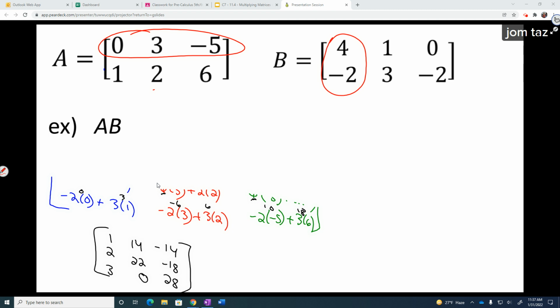So this is not going to work because if you do this row times this column, these 2 have pairs, but the last one doesn't have a pair. So you actually can tell that way that this is not going to be defined. You can also write out the dimensions: 2 rows, 3 columns, 2 rows, 3 columns, and their dimensions don't agree. So it doesn't work.